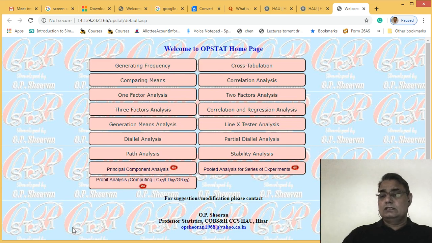Then I want to see whether the impact of training is there or not. So before and after, the same respondent should be there. If we change the respondent, experimental unit or respondent, then this paired test will not work. So in order to study the impact of a training, or the impact of a diet on a set of people or a group of individuals, this paired t-test is used.